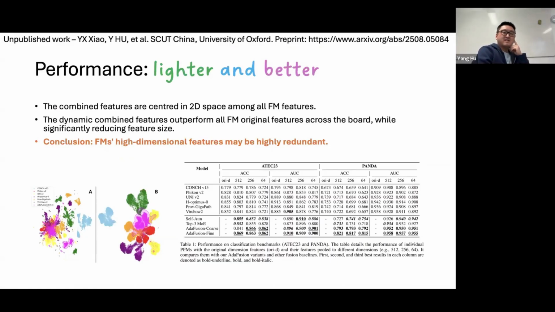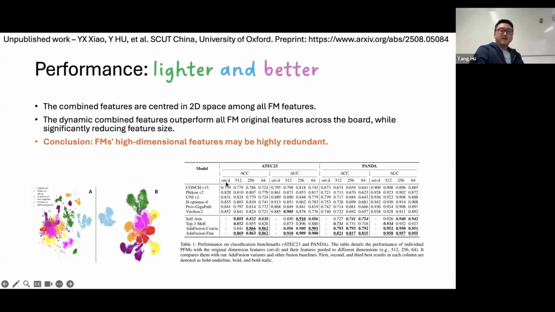Actually, the lighter is just that we can store a much smaller feature compared with the original size of the foundation model. So this is after you've done some sort of pooling? Yeah, the pooling.